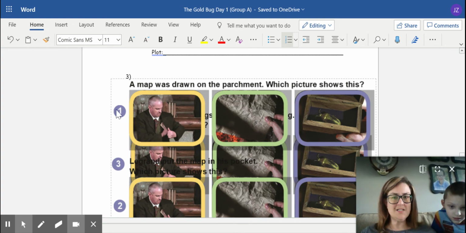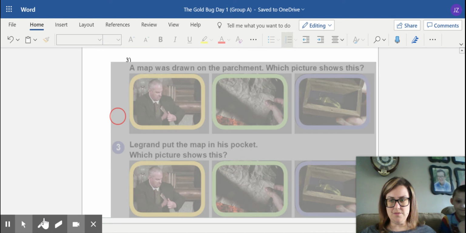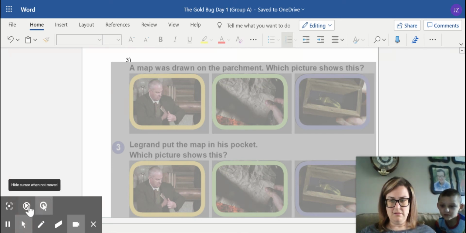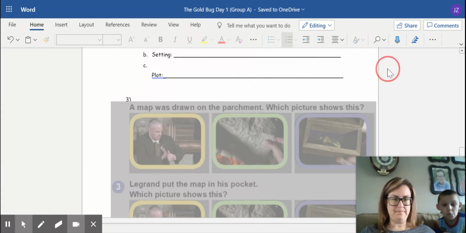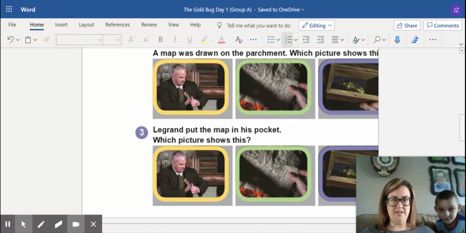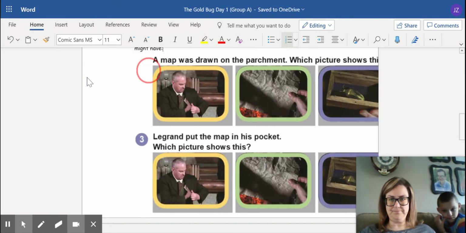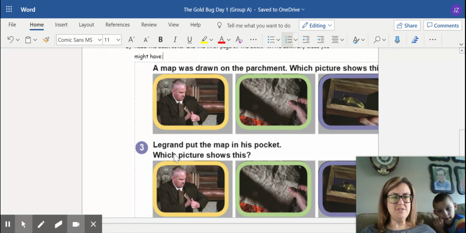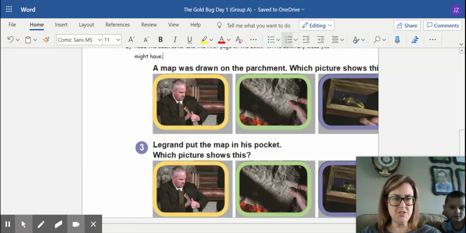Well, you're just going to circle A, B, or C as to which one shows me the map drawn on a parchment. The next one shows Legrand put the map in his pocket. Which picture shows this? Simple enough. Just circle which one shows it.